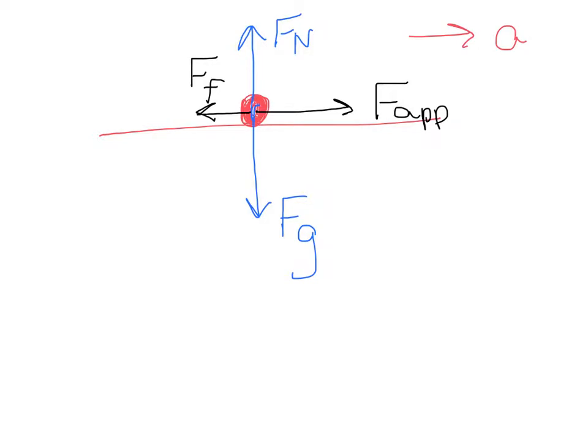That means we'd add another arrow, and that would be force due to the air resistance. So is now the book accelerating? Yes, because if you look at the arrows, our friction and our air resistance, they add up, but it's still a smaller number than the applied.